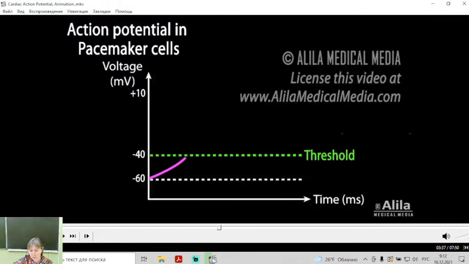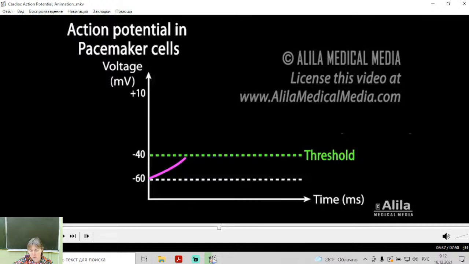At threshold, fast sodium channels open, creating a rapid sodium influx and a sharp rise in voltage. This is the depolarizing phase. L-type or slow calcium channels also open at negative 40 millivolts, causing a slow but steady influx.